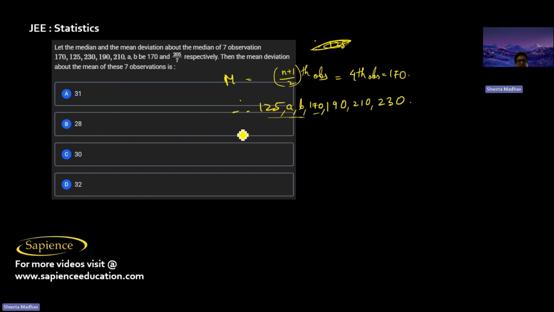Now, a mean deviation about the median we find. Therefore, the deviations are 170 minus 125 and mod of that we will take.